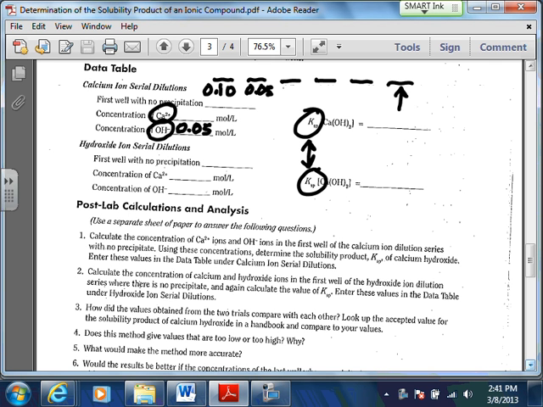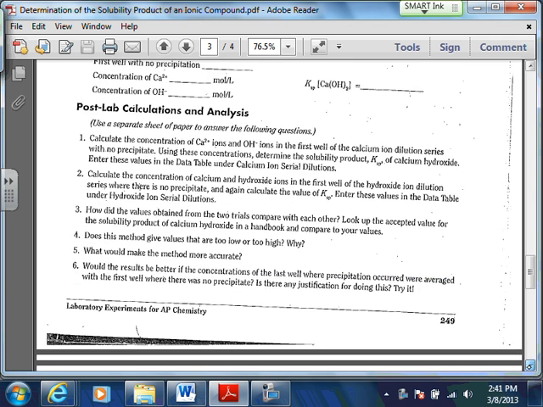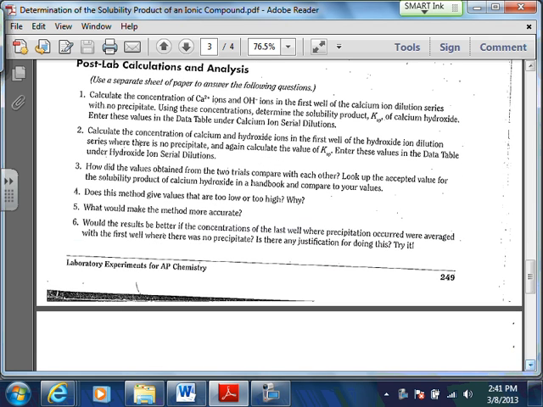Okay, so once you get done with that, the post-lab calculations kind of explain actually what I just explained, I think. You're going to calculate the concentration of the Ca2+ and OH minus ions in the first well with no precipitate. And then using those concentrations, you're going to determine the solubility. Okay, so really it doesn't give you a lot of explanation, but number one is what I just explained to you as far as the determining the Ksp.